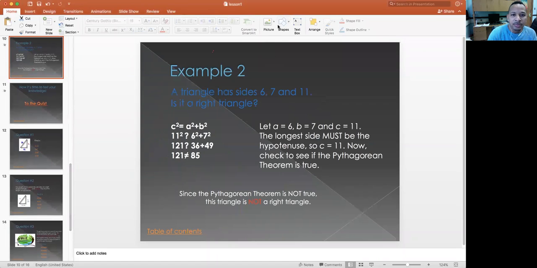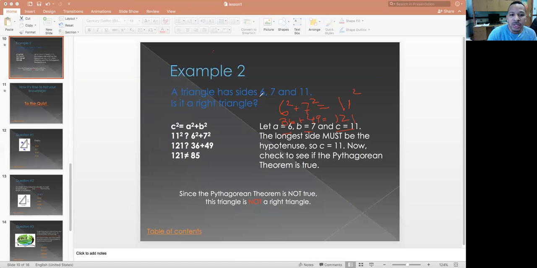Here's another example. Let a equal 6, b equal 7, c equal 11. So we're going to see if this works for a right triangle. It would be 6 squared plus 7 squared, and we'd see if that equals 11 squared. 6 squared is 36, 7 squared is 49, 11 squared is 121.